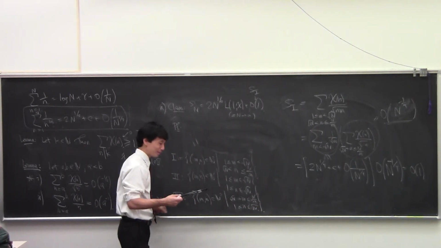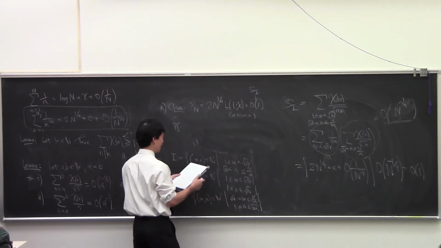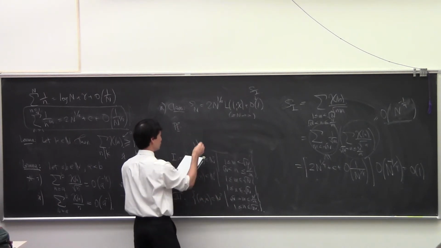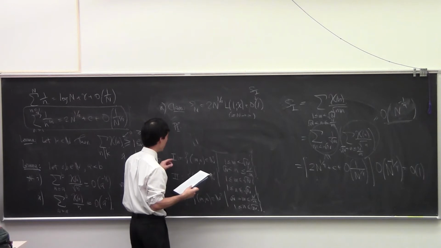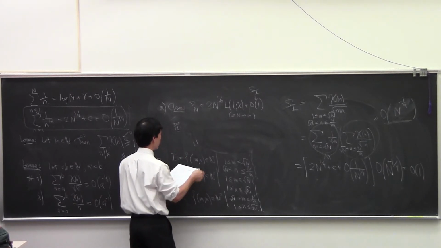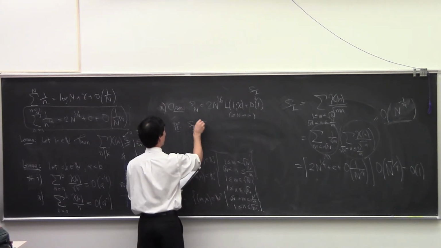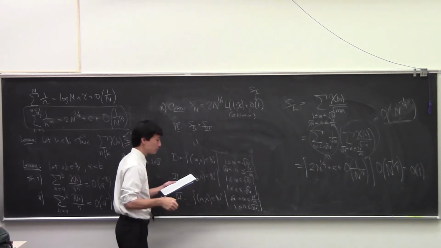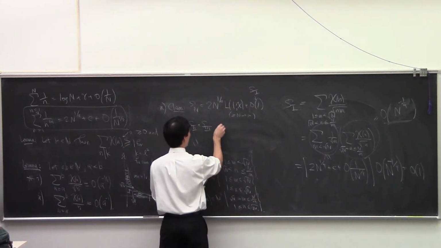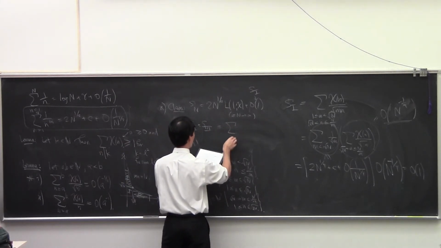But the other two terms we're going to sum horizontally. So we're going to take both of those terms together, S2 and S3. That would be the sum, and we're going to sum horizontally.